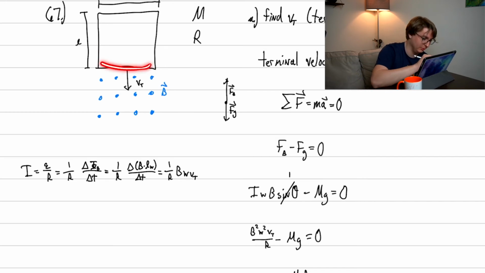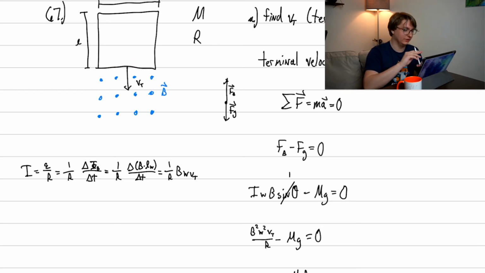So this is the only bit that we really have to care about: the length of the wire, just the width, times the strength of the magnetic field times the sine of theta. The current can only be pointing left or right, and the magnetic field is coming out of the page, so we have 90 degrees. So this is going to be sine of 90 degrees, which is 1.